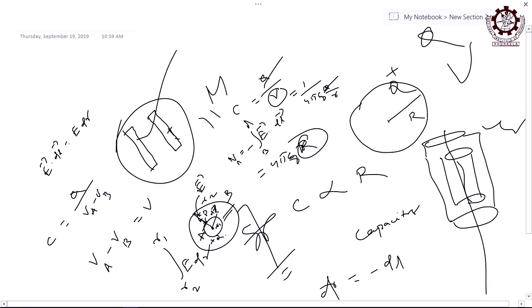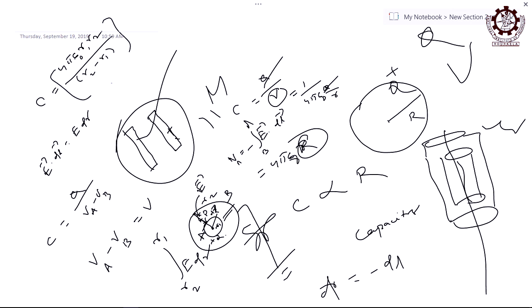So, you check it, the capacity will come 4 pi epsilon 0 r1 r2 divided by r2 minus r1. Do the integration, you will get this result.